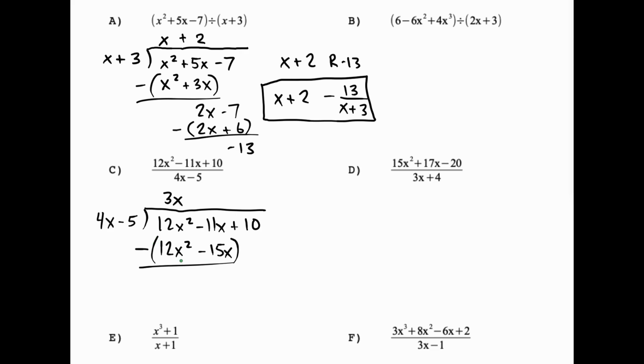And if it helps at all, one thing you might do is to actually move that negative inside the parentheses. So what I mean is, if you actually distribute it, then you would get this. So this is actually negative 11x plus 15x, which makes 4x.